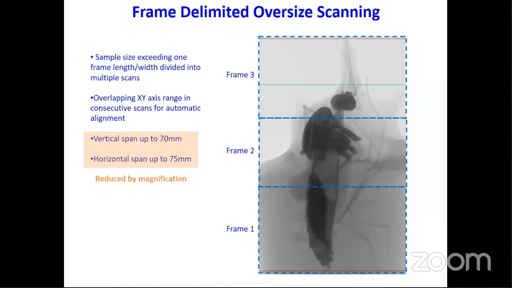So now with these adjustment features, what can the scanner do in terms of different imaging modes? Here is an example of a mosquito of about 4 mm or so in length. The magnification over here is close to about 12x, and the pixel size and the resolution is about 0.7 micrometer.